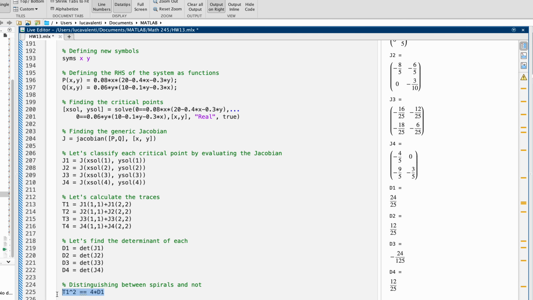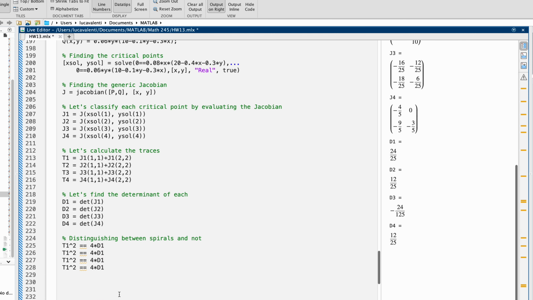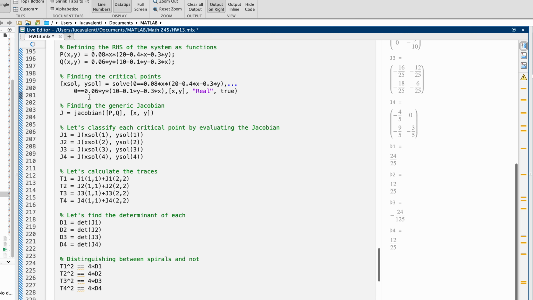And again, we can use the copy and paste command here. Put T2, T3, T4. 2, 3, and 4. So now that we do that, we press Control Enter. Oh, I keep forgetting to put a line break.